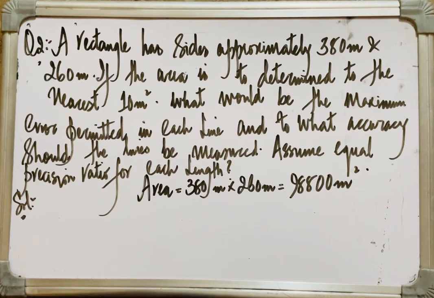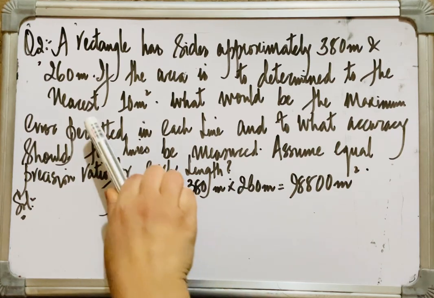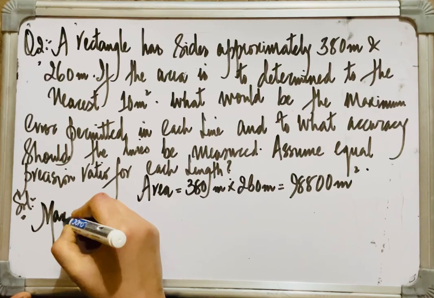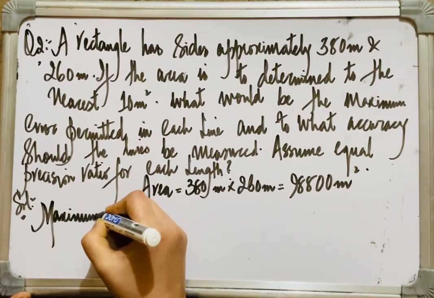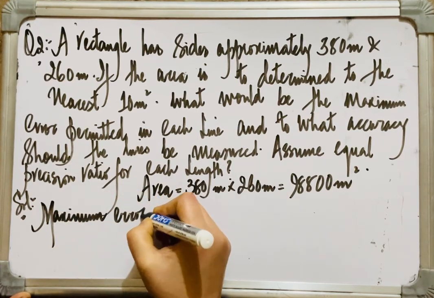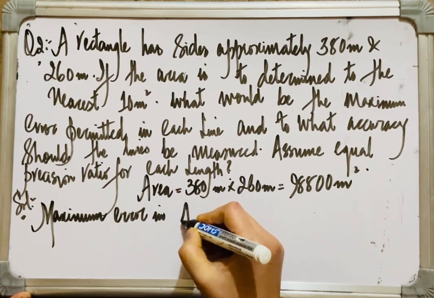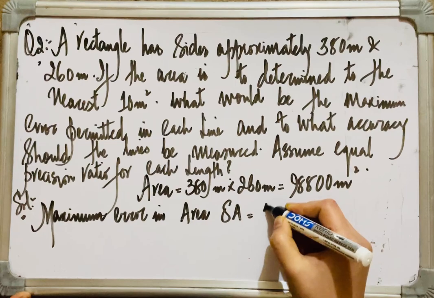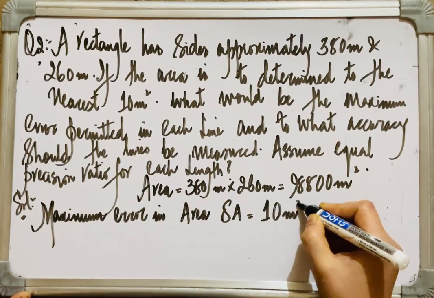Now it says if the area is to be determined to the nearest 10 meters square, that means the maximum error in area to be permitted is 10 meters square.